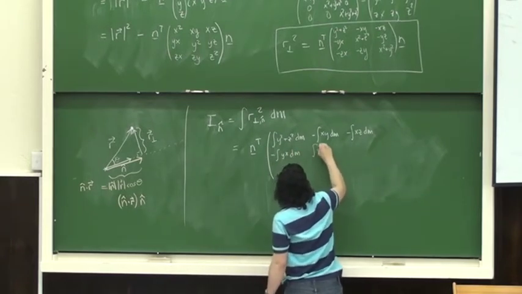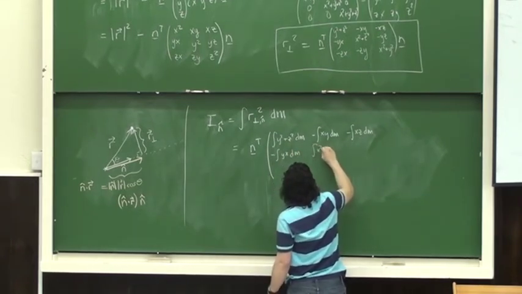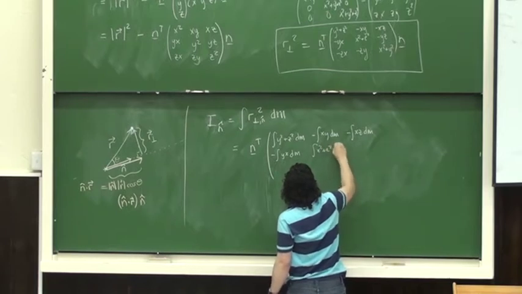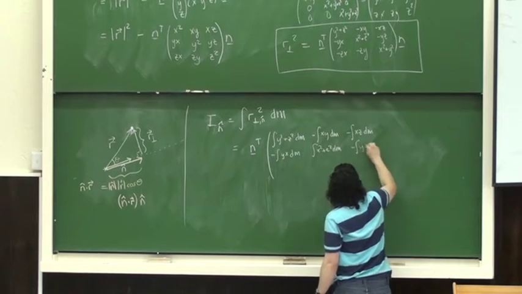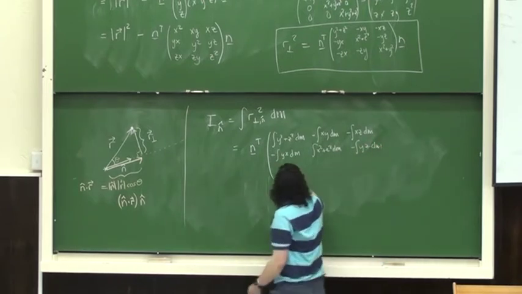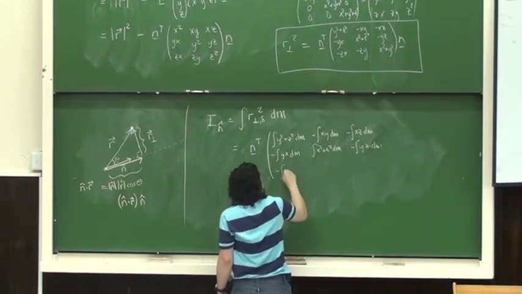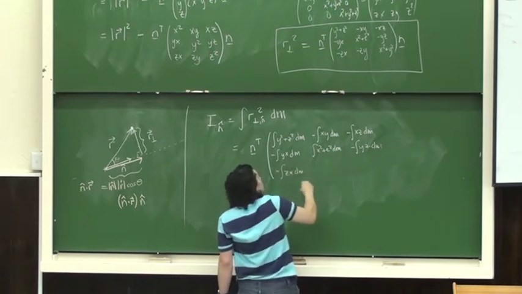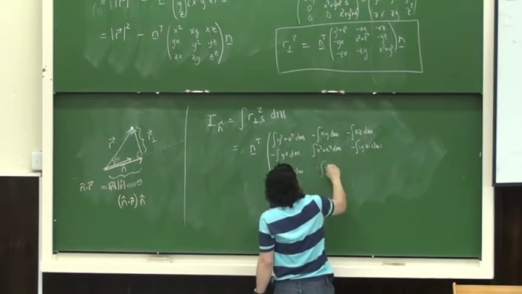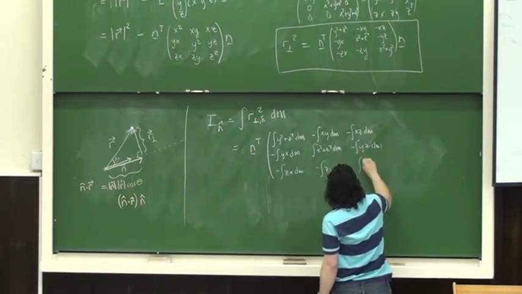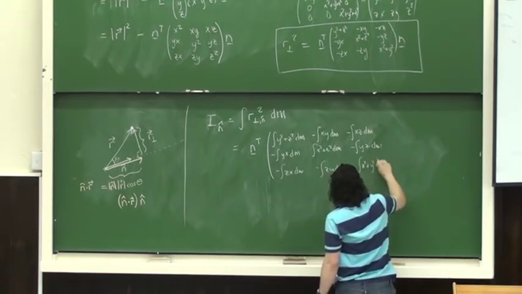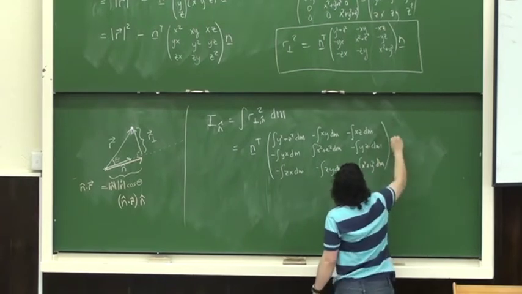Integral of x squared plus z squared dm. Minus integral of yz dm. Minus integral of zx dm. Minus integral of zy dm. Integral of x squared plus y squared dm, times n.